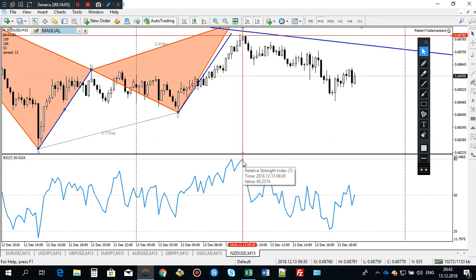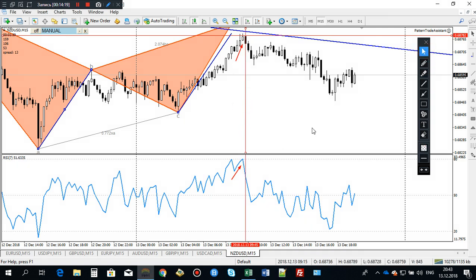It is pointing to the upside, and it means that the power of price is increasing. At this very candle it is increasing. But then on the next candle the power started to decrease. You see, it is pointing to the downside at this very candle.